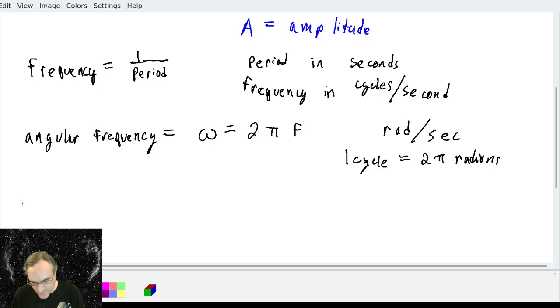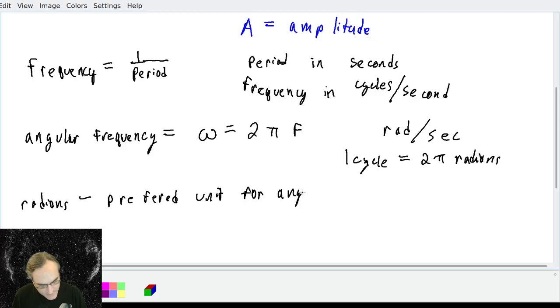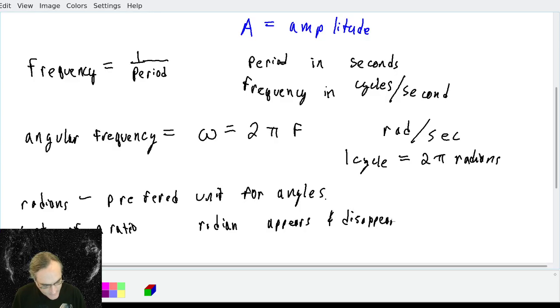Now, I need to talk a little bit about radians. In many ways, they are the preferred unit for angles. Also, sort of a ratio. So radian appears and disappears pretty readily.